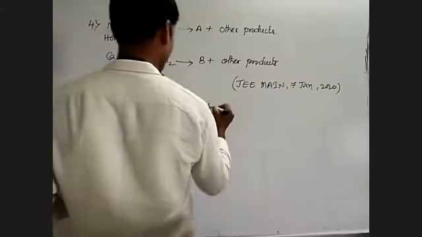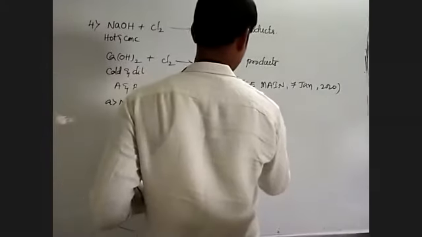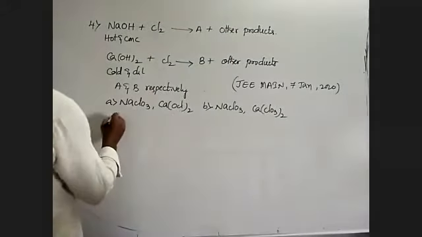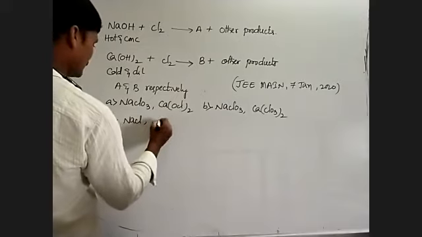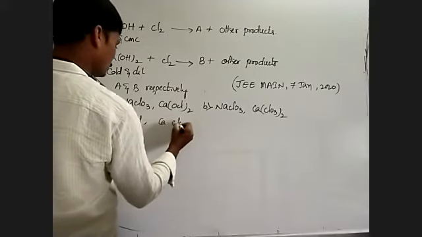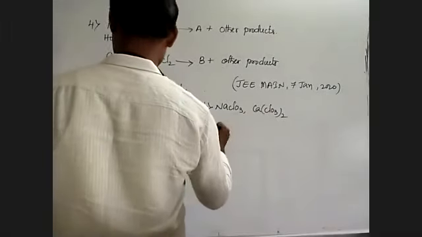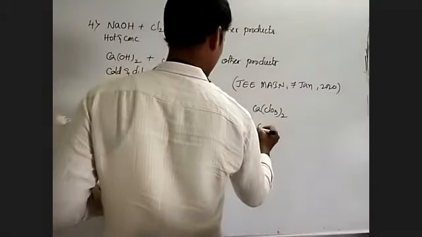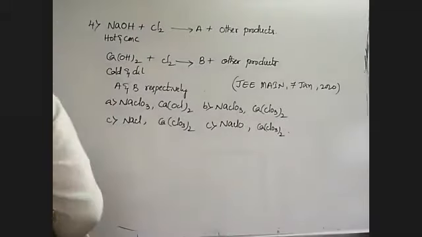B, NaClO3 and Ca(ClO3)2. C, NaCl, Ca(ClO3)2, calcium chlorate. And D, NaClO, Ca(ClO3)2. Right, so these are the questions.